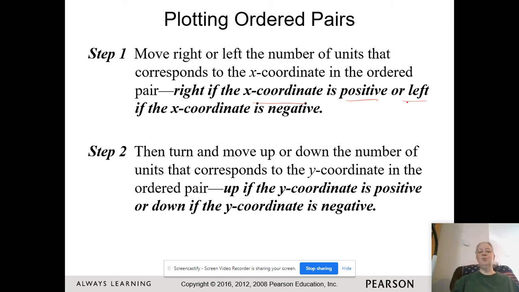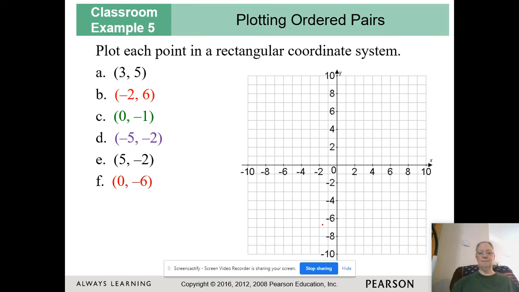If it's positive, we're going to go to the right, and if it's negative, we're going to go to the left. And the y-coordinate is going to give us our up and down. So positive would go up and negative, we're going to go down. Where those two meet, that's where we put the point.